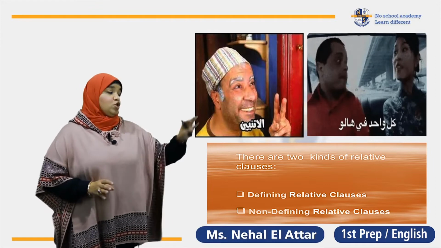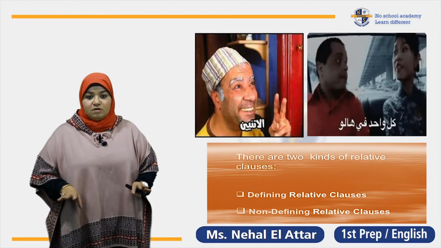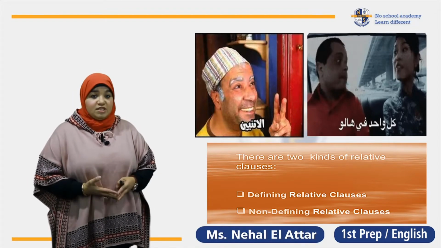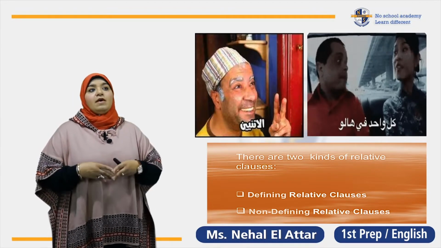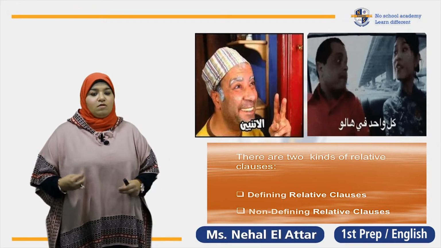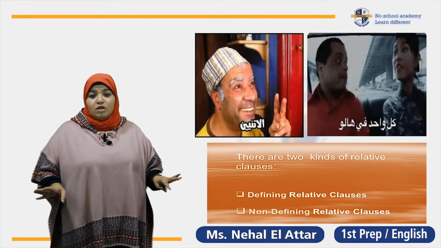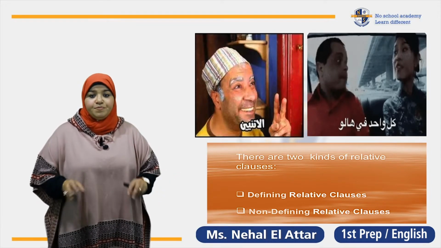The main feature of the defining relative clause is that there are no commas in it. So it defines the information. It tells us which noun we are talking about, whether this noun is a person, an object, a place, an idea, a thing, or whatever, okay?